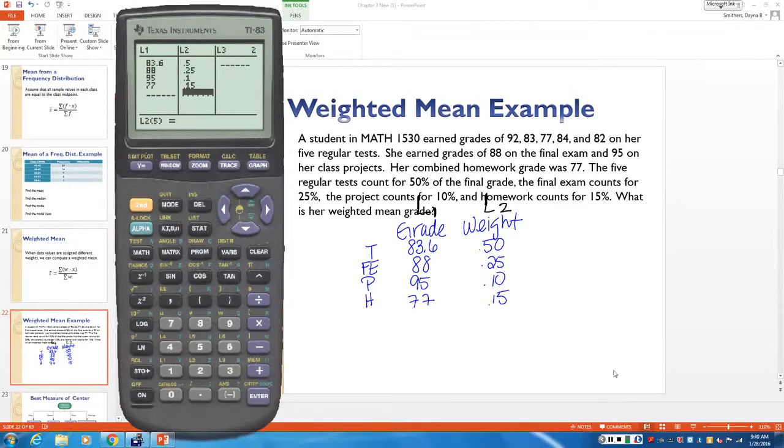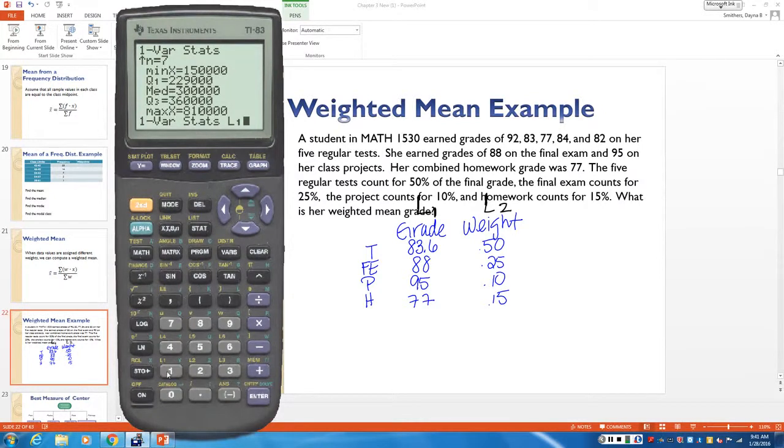A key thing that I need you to remember. When I have one list, like last time, you would do Stat, Calc, Enter. We cannot do that when I have two lists. When I have two lists, you will do Stat, Calc, just like last time, Enter and stop, because you have to tell the calculator that I have two columns. So press your second button and the number 1.